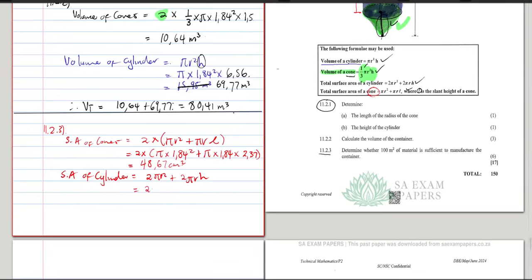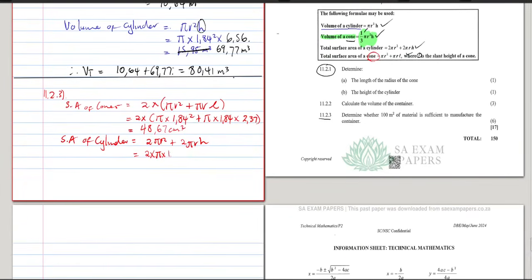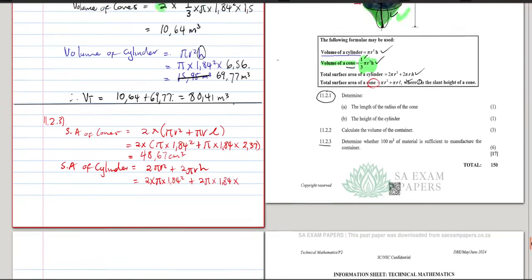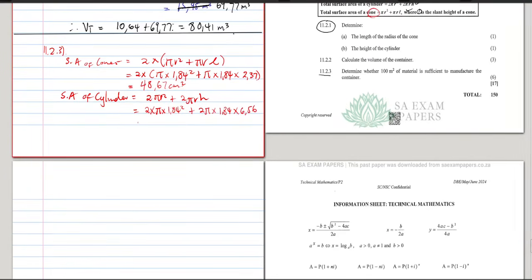Now this is equal to 2 times pi times r, which is the radius of the cone, 1,84, squared plus 2 pi multiplied by 1,84 multiplied by the height, which is 6,56, not 65, 6,56, yes.